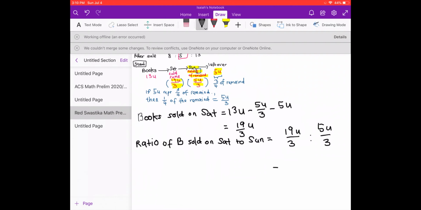If we simplify this ratio, u and 3 are the same, so we can take them out. The ratio will work out to be 19:5. So that's the final answer for the ratio of books sold on Saturday to Sunday.